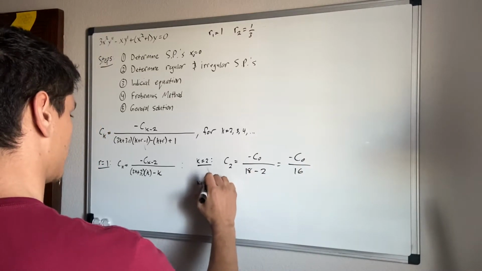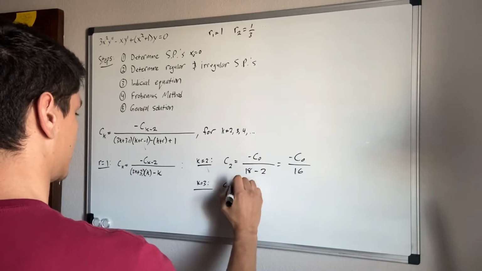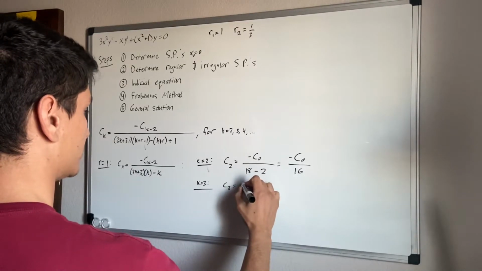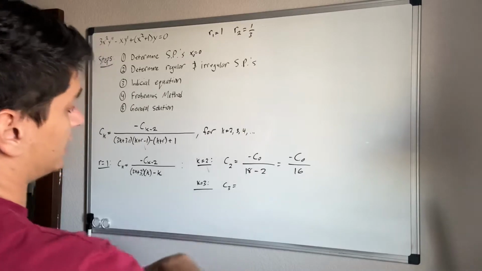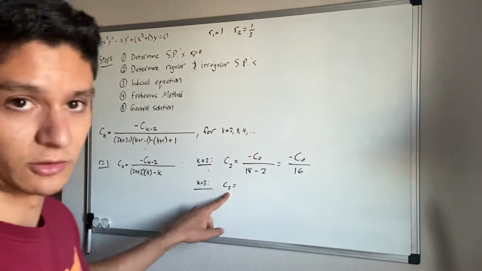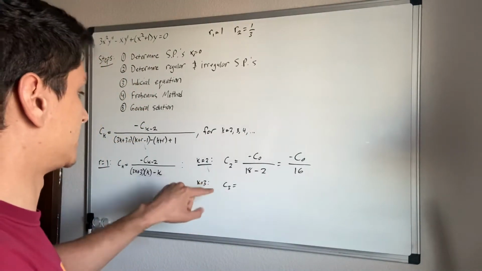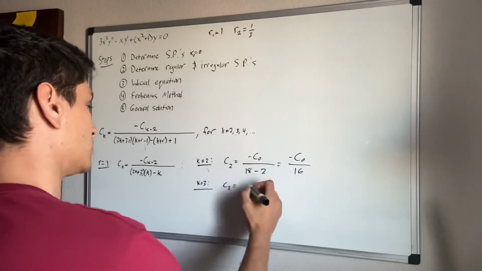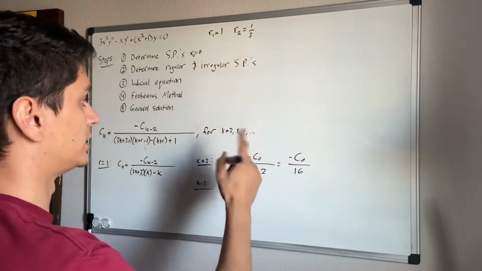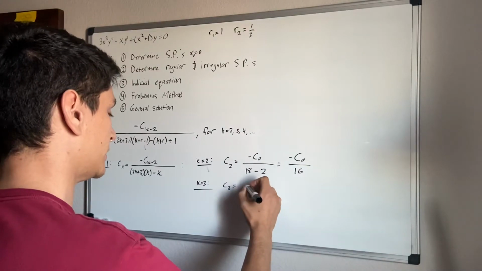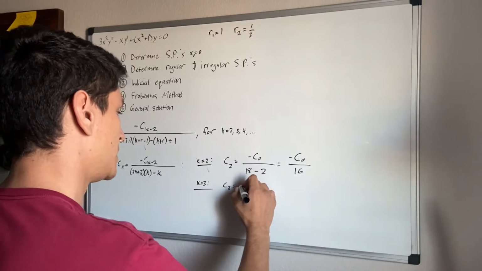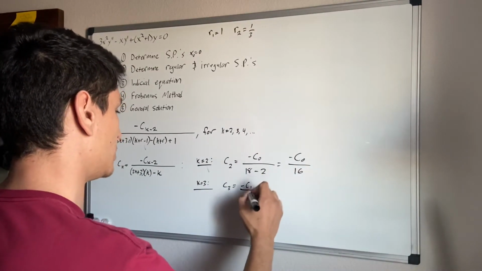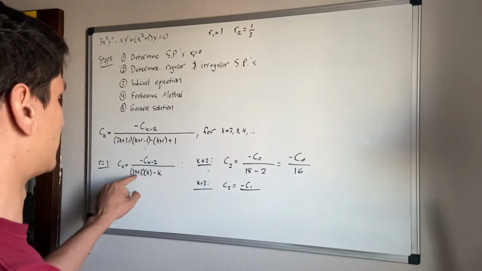When k is 3, we have c sub 3 equals, well, I won't even have to write all of this out, because if you remember that c sub 1 is 0 because of the work that we did earlier in setting it equal to 0, we have negative c sub 1 over some denominator.